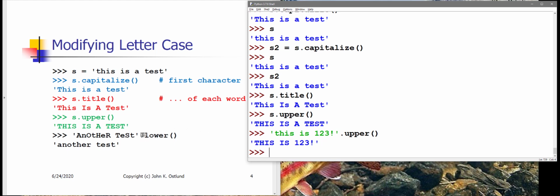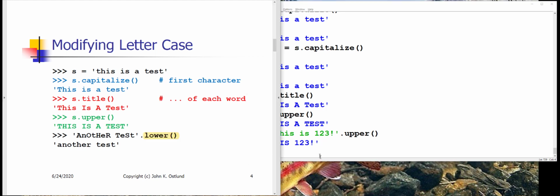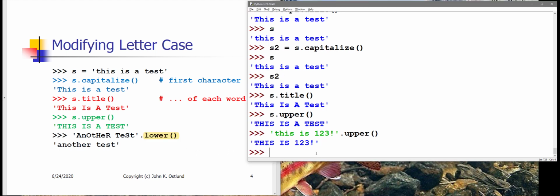We also have the dot lower method that does the opposite thing. So if I have some string that has a mixture of upper and lowercase characters in it, and perhaps non-letters also, then the uppercase letters are converted to lowercase.